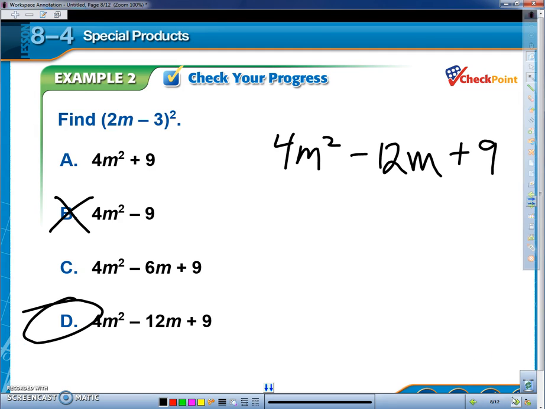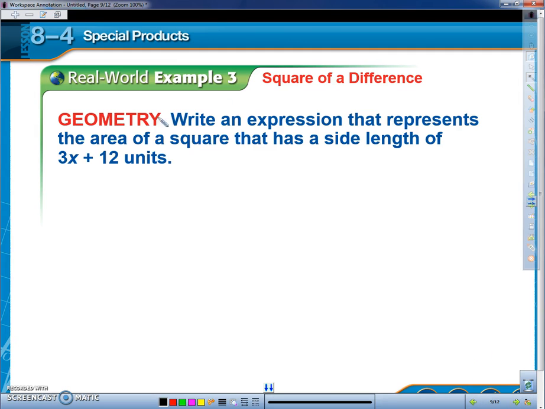All right. Going on. Write an expression that represents the area of a square that has side lengths of 3x plus 12. So it's a square. Area, length times width, or 3x plus 12 squared.